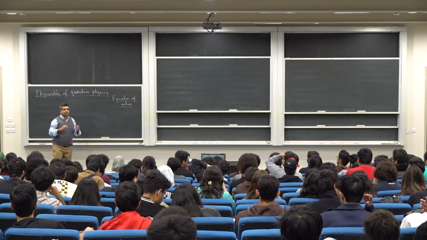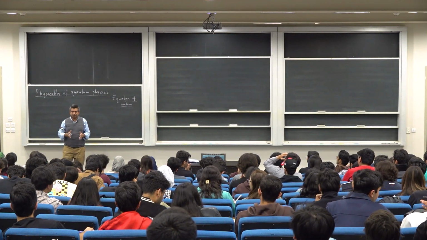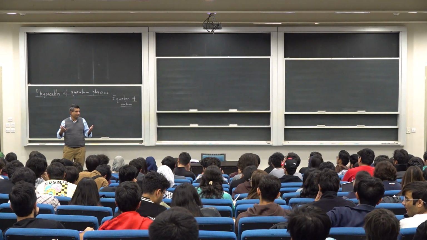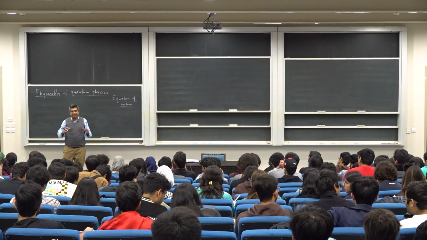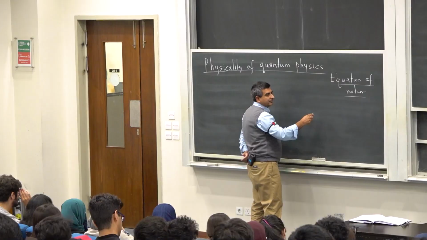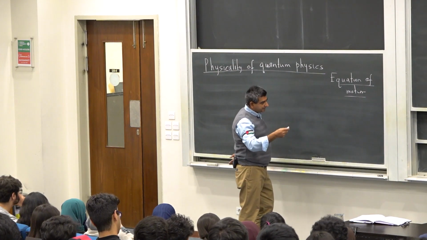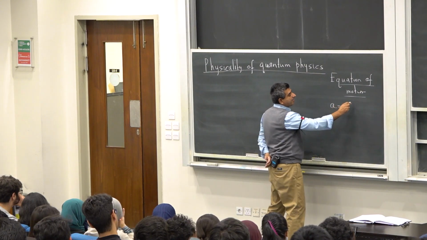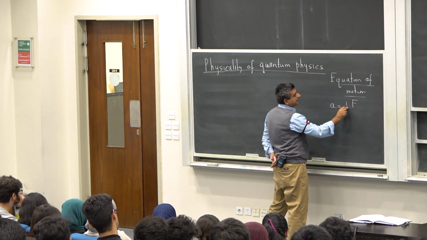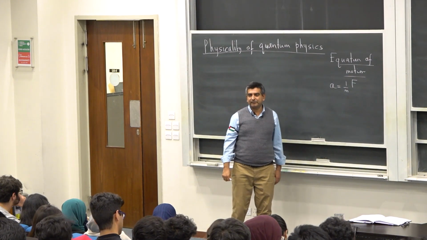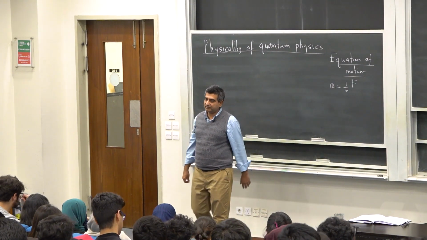Right. So Newton's law, Newton's equation of motion is kind of the holy grail of classical physics. It's an equation of motion. And what is that equation? F equals ma, or I could write a equals F over m, correct? Now a is the acceleration of an object.